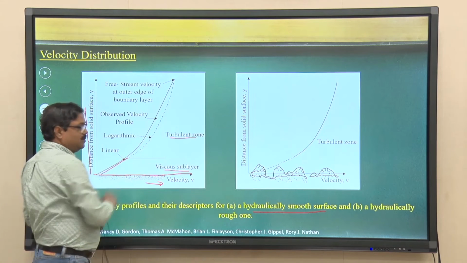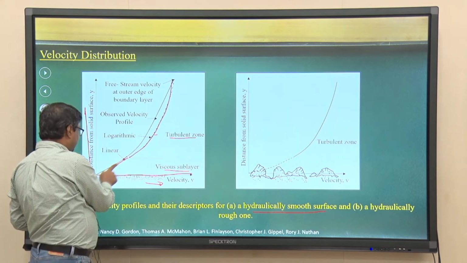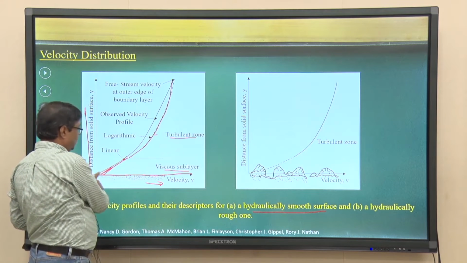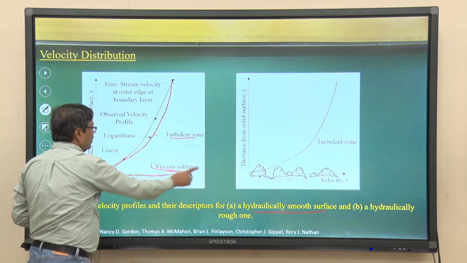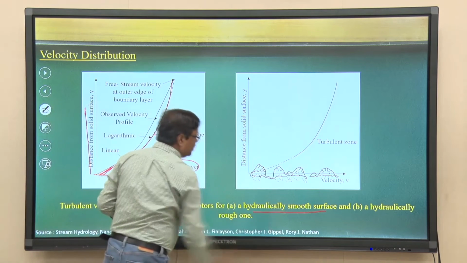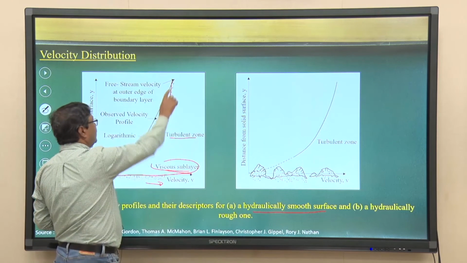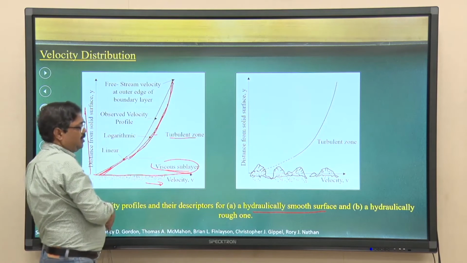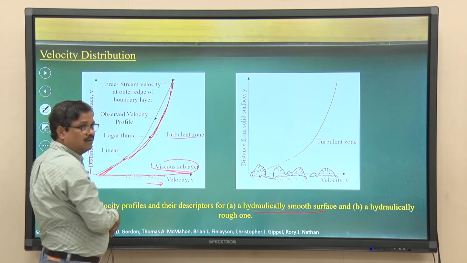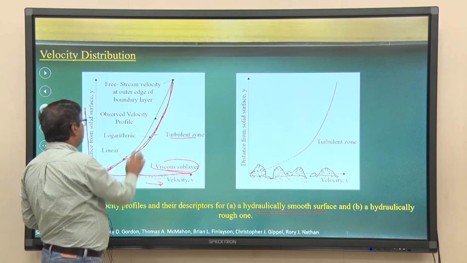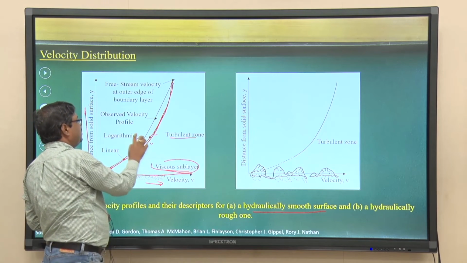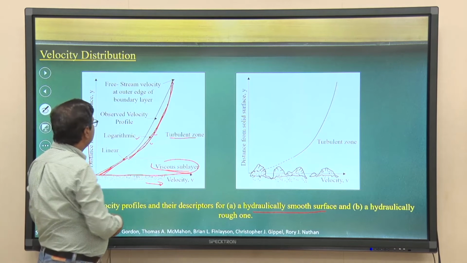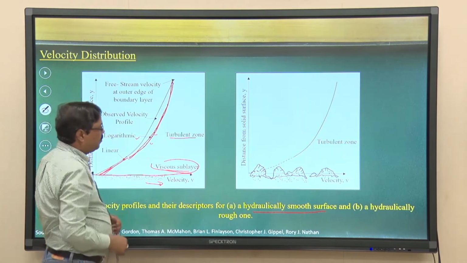The linear part is the viscous sublayer, the linear part of the velocity distribution in the laminar sublayer in case of a hydraulically smooth surface, followed by the logarithmic velocity distribution, but there will be a difference between observed and logarithmic profiles.